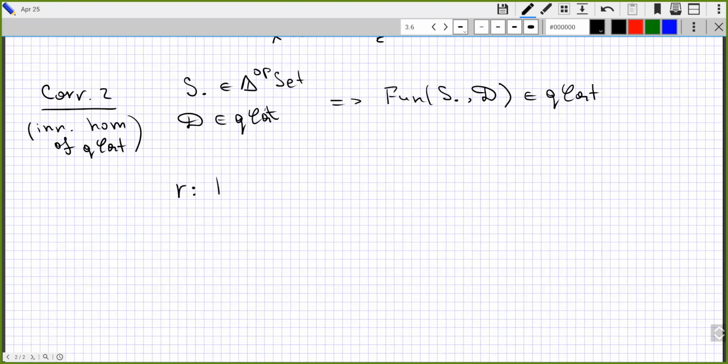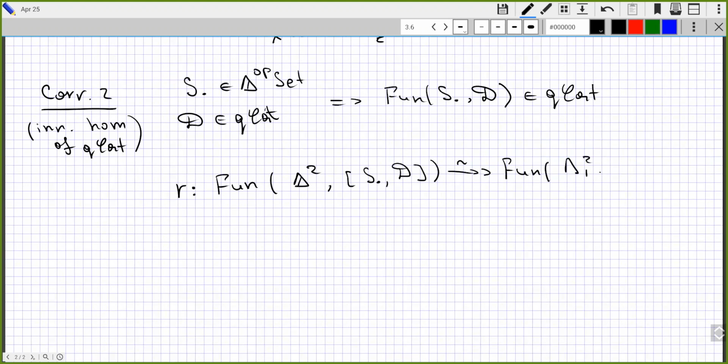Well, we got such a map from... that is just a... so give me a moment, where did it come from?